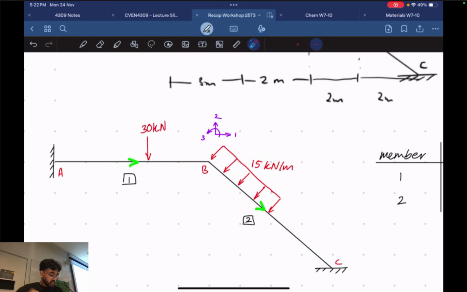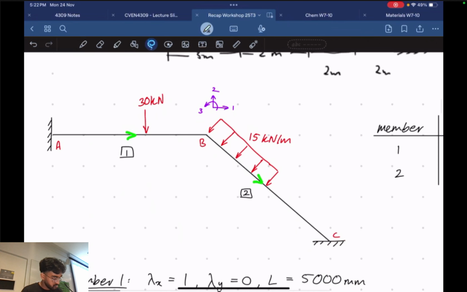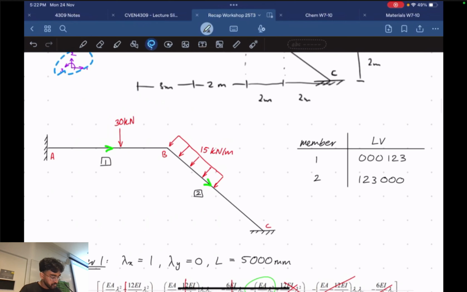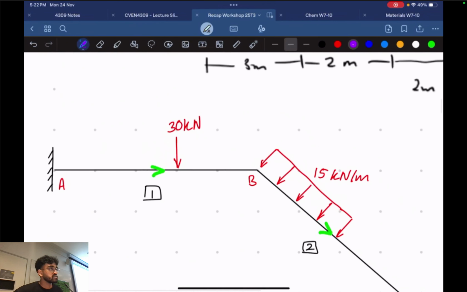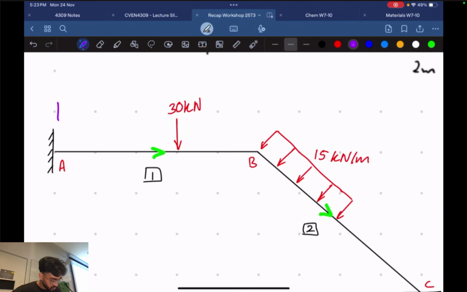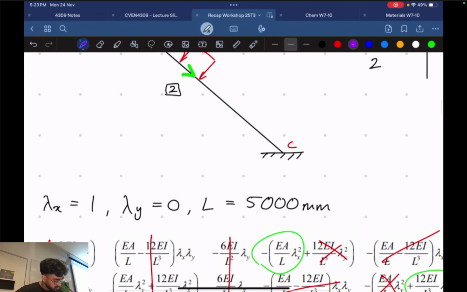One thing I want to go through, which tripped up a lot of people last year, is the way that Daniel Oshie presents the question. Last year, he actually defined the degrees of freedom for you. So he said 1, 2, 3, 4, 5, 6, 7, 8, 9.